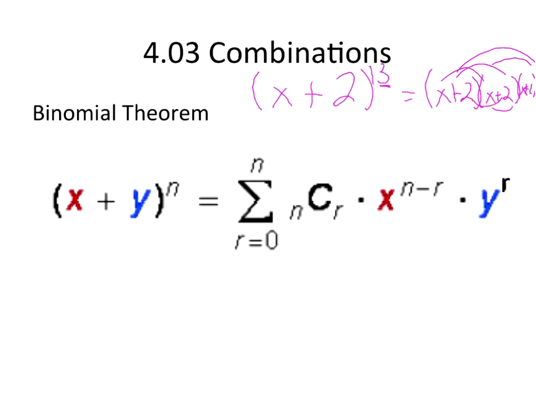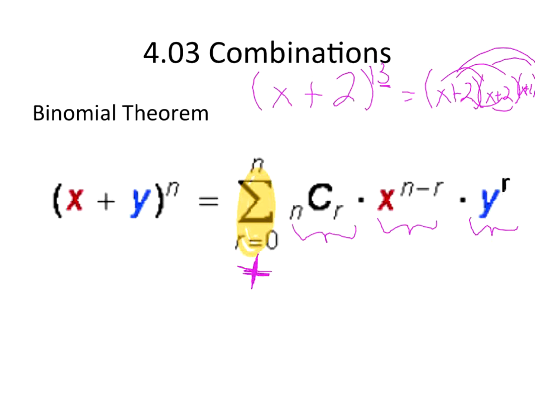This was last unit. When I see that sigma symbol, what does it mean I'm doing to the parts of my problem? I'm adding them. It means we're adding all the pieces of my problem together. To add these pieces together, we have 3 pieces of the puzzle: a combination piece, an X piece, and a Y piece.